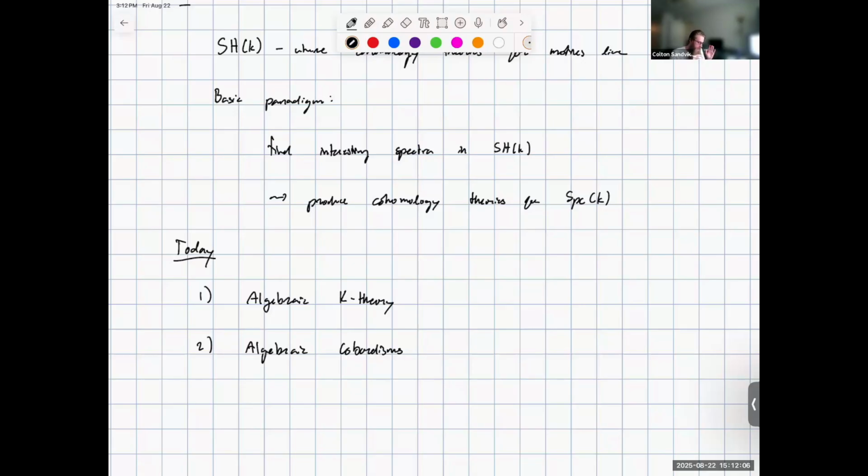So for each of these, I'm going to try to give some idea from topology, motivate where the spectra is coming from in the stable homotopy category in topology, and then use this to motivate how we might do this for the category of motives. Any questions on the plan?